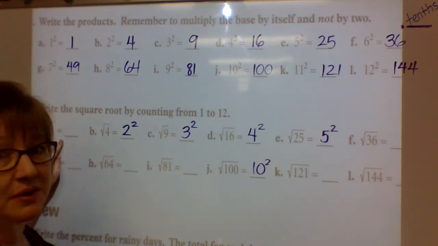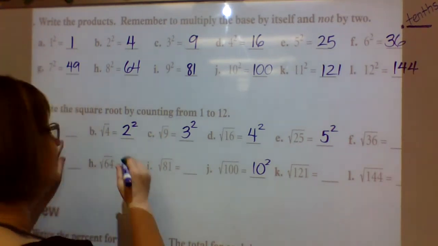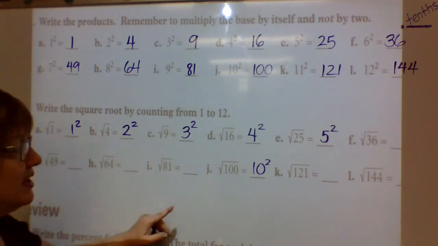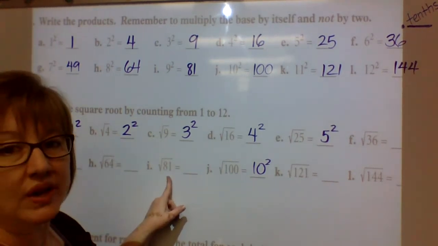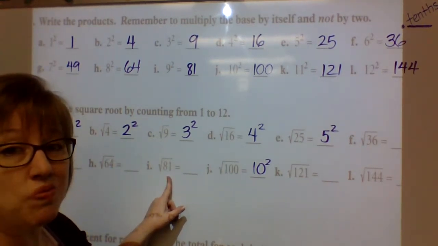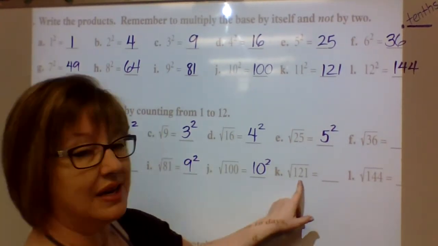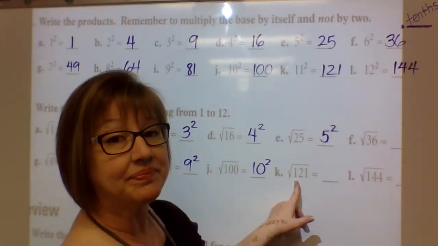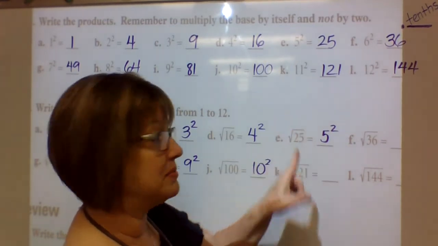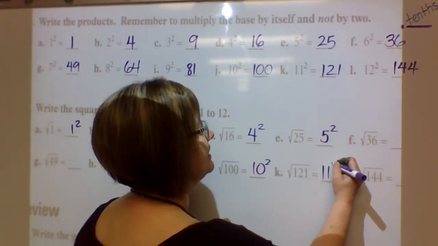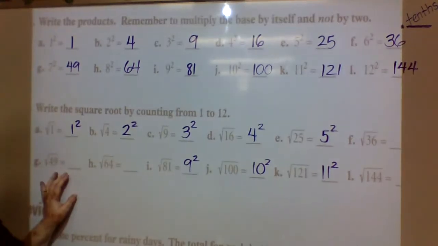What times itself equals 1? Ones are always all ones. 1, right? Okay, 81. What times itself equals 81? 9. 9 times 9 is 81. What times itself equals 121? And yes, you can cheat and look up there. 11 times 11 is 121. Let's back up here.